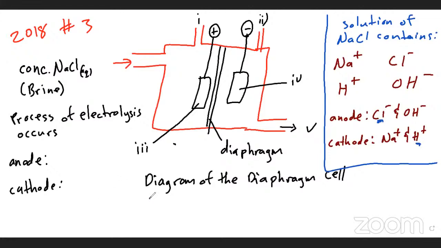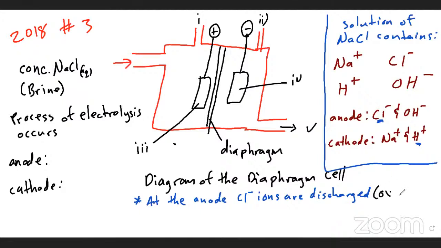So at the anode, this charge here means that they are going to be oxidized to chlorine gas. Could you repeat that, sir? Yeah, I'm writing it in the bracket.